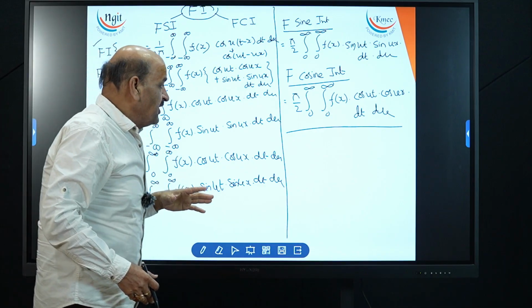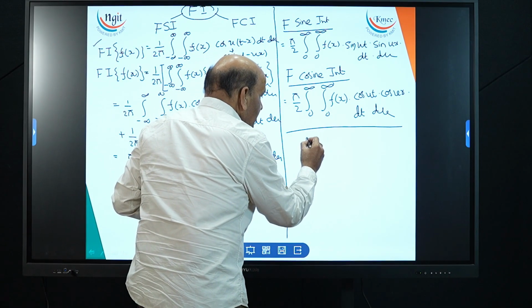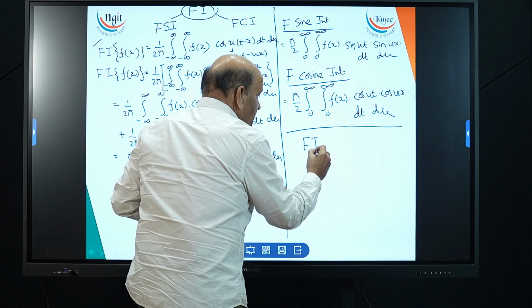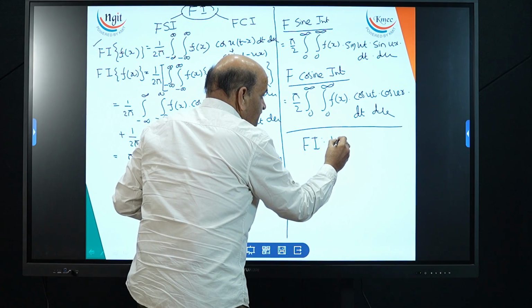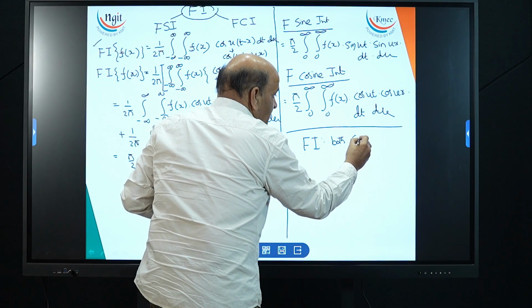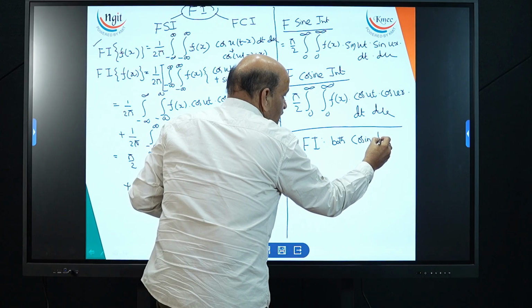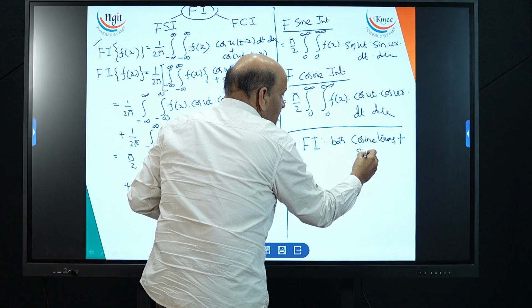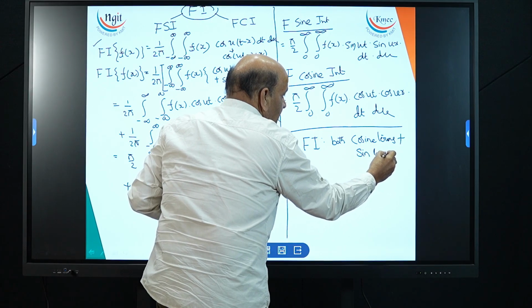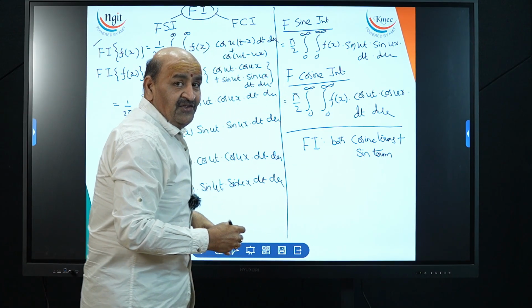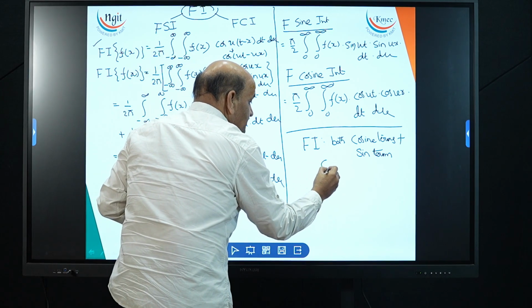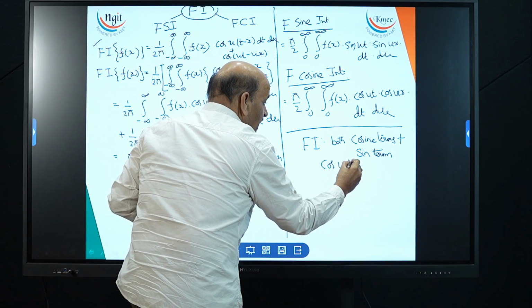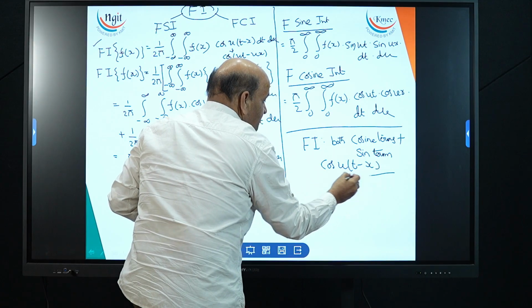One important point: a Fourier integral contains both cosine terms plus sine terms, in the form of cos u of (t minus x).